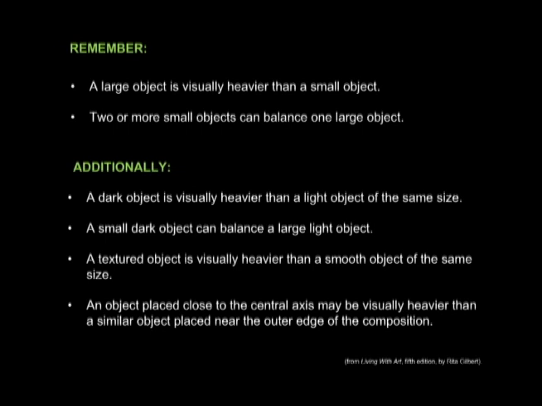An object placed close to a central axis may be visually heavier than a similar object placed near the outer edge of the composition, simply because it's given weight by its clear importance if it's centered in the picture plane. These are some things to think about. As usual, these are guidelines rather than rules, but may help you ask yourself questions that will result in a more satisfying composition for assignment 3.